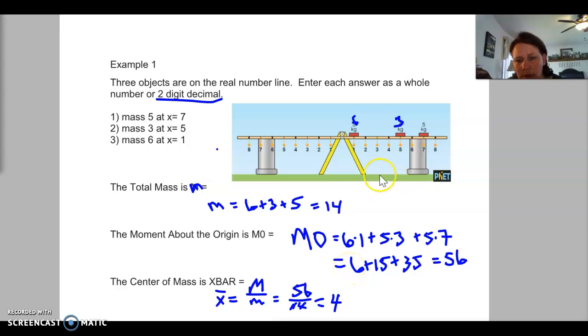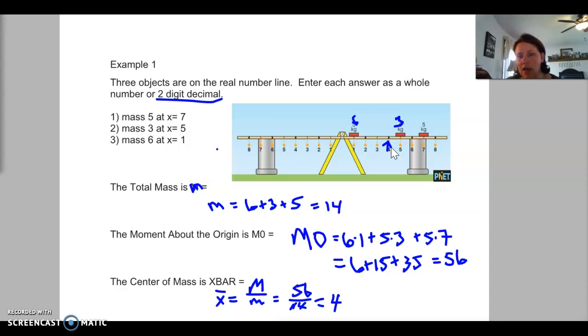So if we go up here and look, our center of mass is going to be at the position of 4. Right there. And so that would be perfectly balanced. And so what we would say there, if an object is perfectly balanced, then its moment is 0.